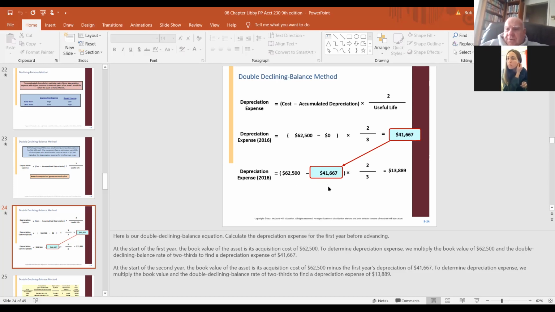So with this method, you're really front loading the depreciation expense. And companies make these decisions strategically. So that brings the net book value from 62 down to 20 something. And then you just multiply the remaining book value by that amount.